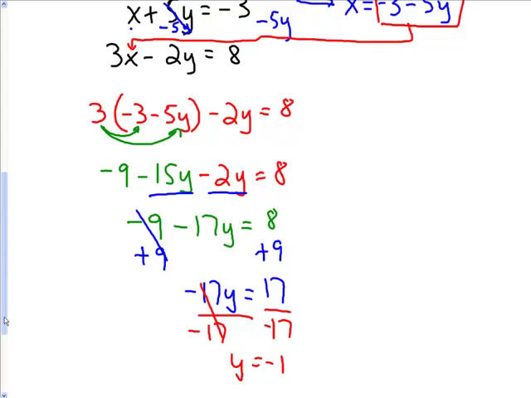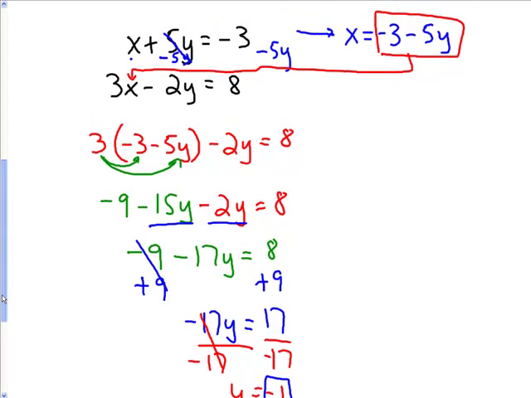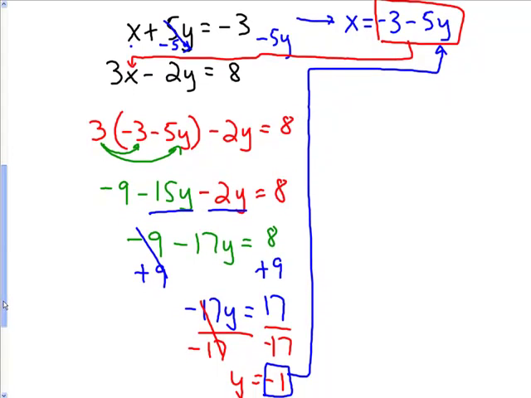So now I know what y equals. I can take that value for y and substitute it back in here because I have a very easy expression for x: x equals negative 3 minus 5y.